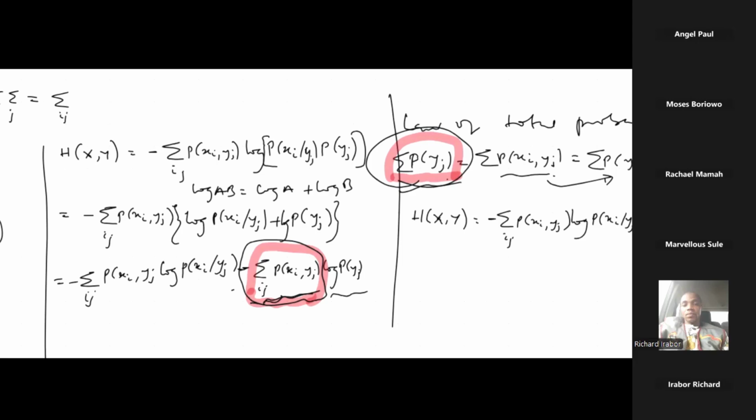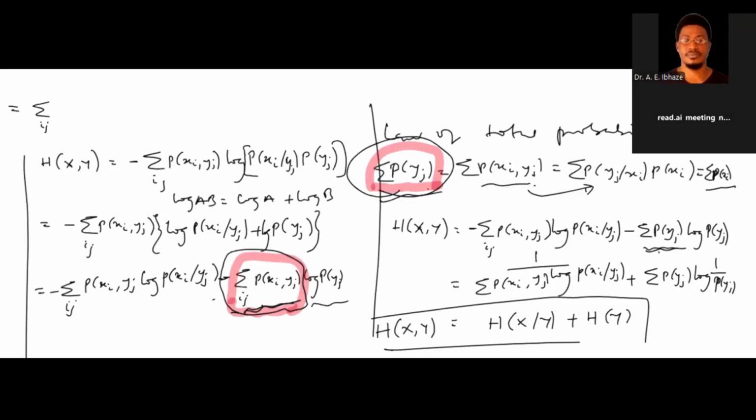Yes, sir. Now, if that is clear, then we are done with the entire exercise. This will now be the same as sigma, if this negative goes in, P of Si Yj log 1 over P of Si given Yj, plus sigma P of Yj log 1 over P of Yj.